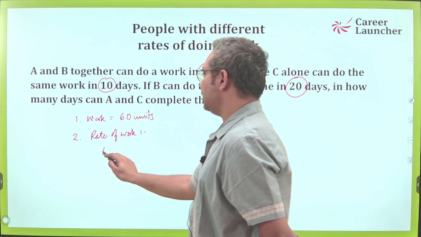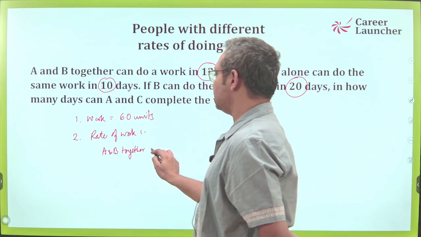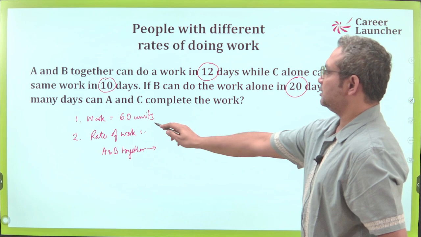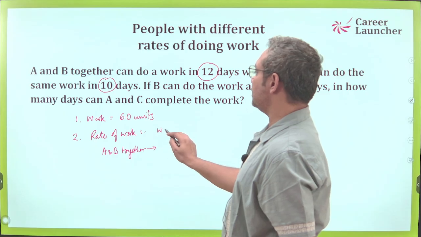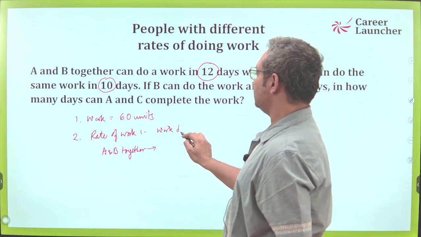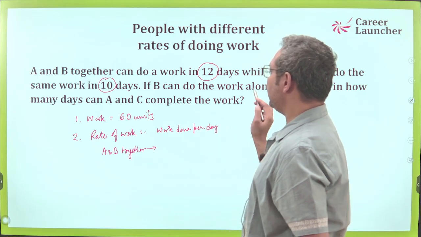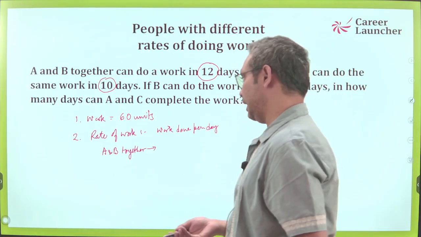Here we know the rate for A and B together. So let's write that A and B together, in 12 days, do the entire work, which is 60 units. So rate of work is basically work done per day. Now it could be days or hours or whatever the question is saying. Here it is days.